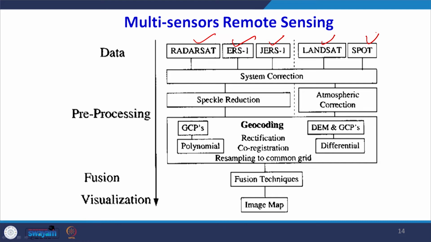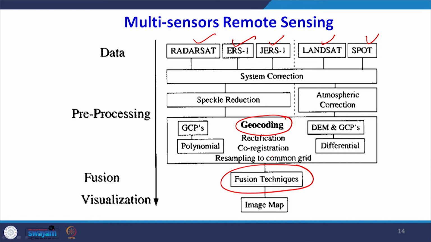What we are doing is geocoding. We are georeferencing the data on a single platform so that they have the same coordinate system, and afterwards we do the fusion technique. We are merging the data together, taking the best of all the data sets in one single image after fusing.